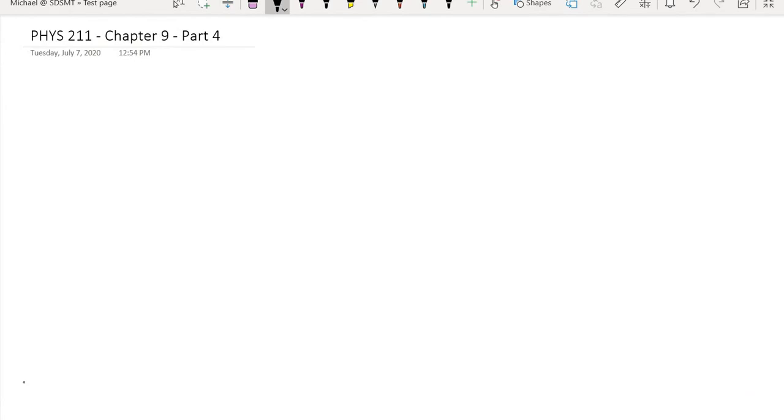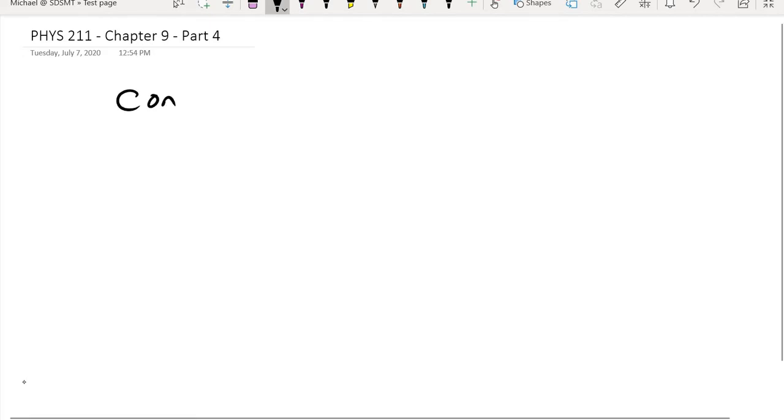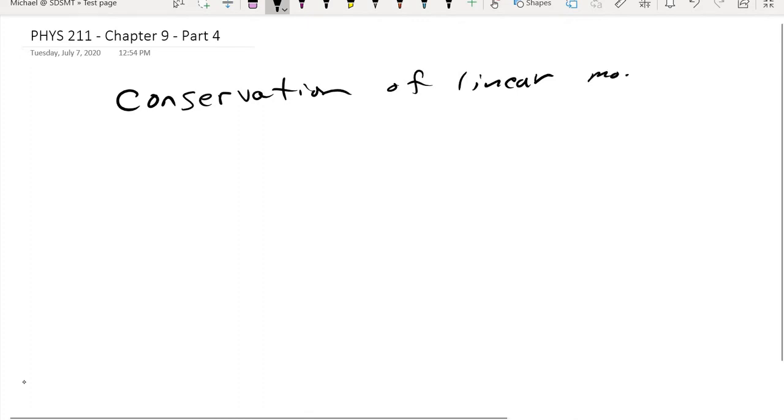We are continuing our discussion on momentum, and what we need to do next is consider what it means to conserve our momentum. And remember that key word that we had out in front in the previous video, of linear momentum.